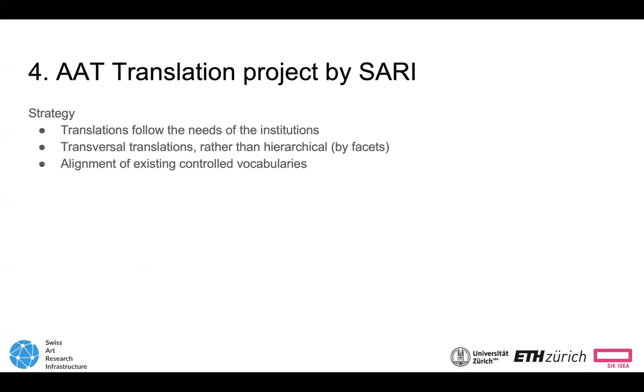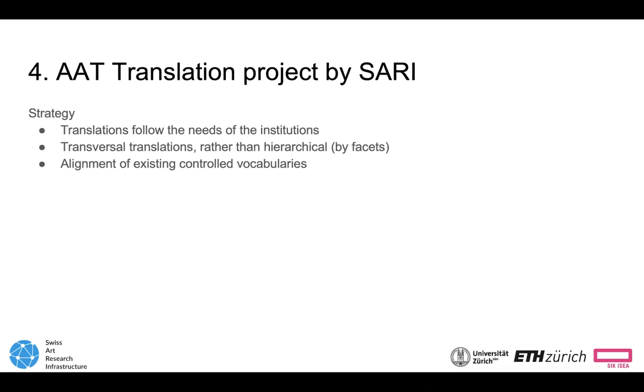It is probably unrealistic to translate all the 56,000 concepts in the next years. Then we want to work hand in hand with the museums and the research institutions and to translate in priority the concepts they need. We want to make transversal translations rather than hierarchical.